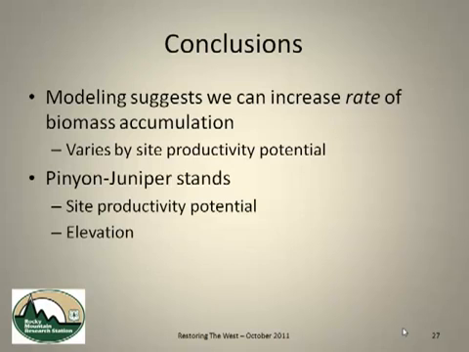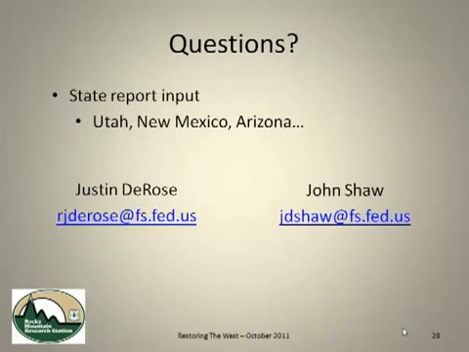And that this varies by site productivity. And that the details in the Pinyon-Juniper stands did differ by site productivity, but there was probably a larger or more predictable difference by those elevational classes that I arbitrarily created. So that's it for my talk.